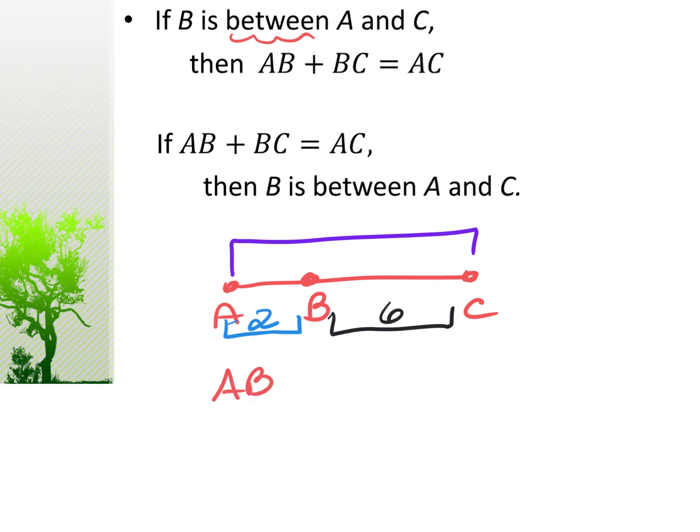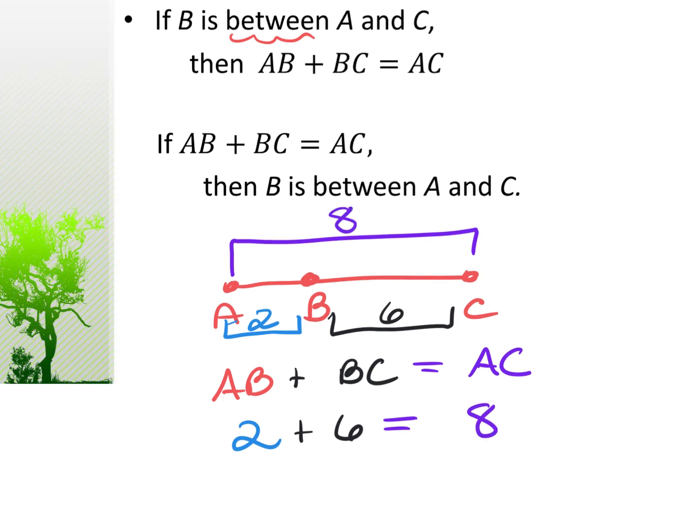I'm going to add AB, which is 2, to BC, which is 6, and that's going to give me the length of the whole thing. So 2 plus 6, and the length of AC is going to equal 8. So when I give you little pieces, I can add them together to get the length of the whole segment.